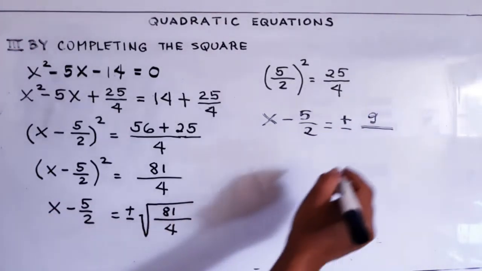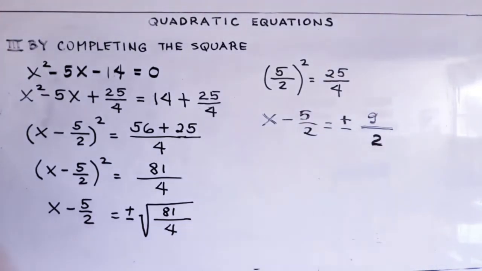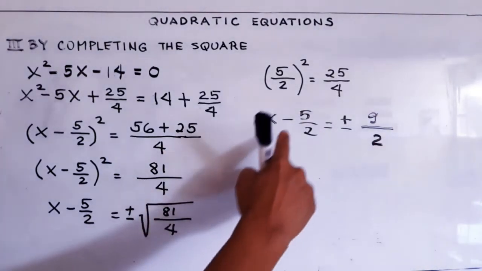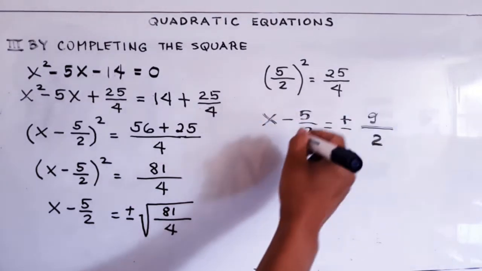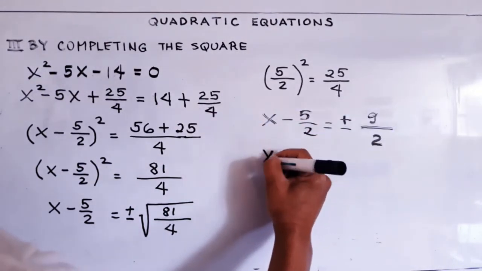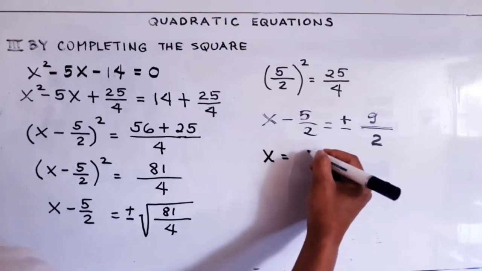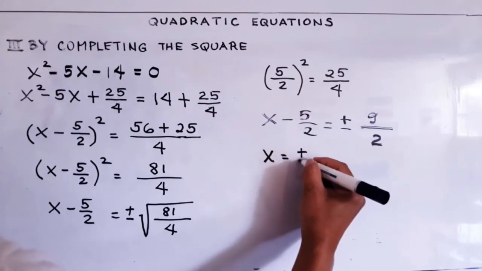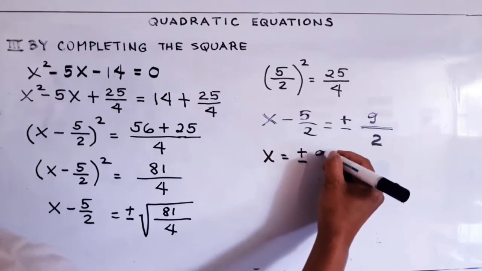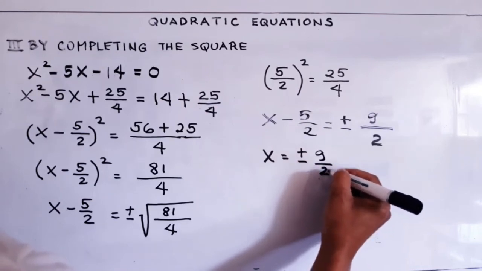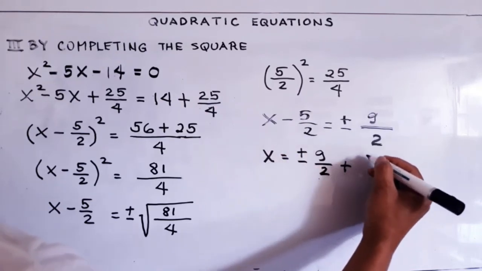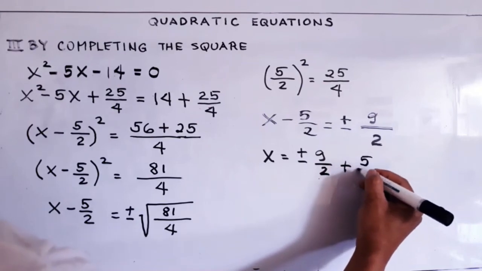The square root of 4 is 2. Now we are ready to transpose negative 5 over 2 to the right. So we have x is equal to, let's have the plus and minus here, 9 over 2, that is plus 5 over 2.